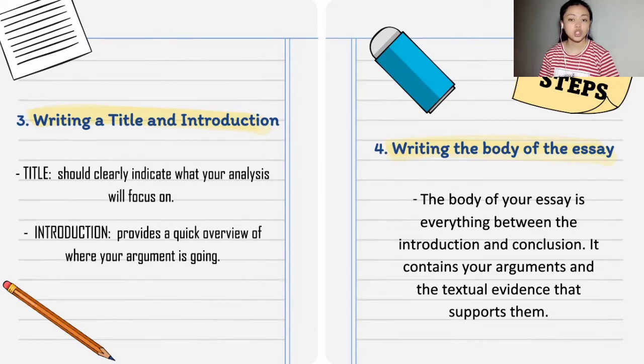Then the introduction. The introduction will provide a quick overview of where your argument is going. So it should include your thesis statement and a summary of the essay's structure. A typical structure for an introduction is to begin with a general statement about the text and the author.